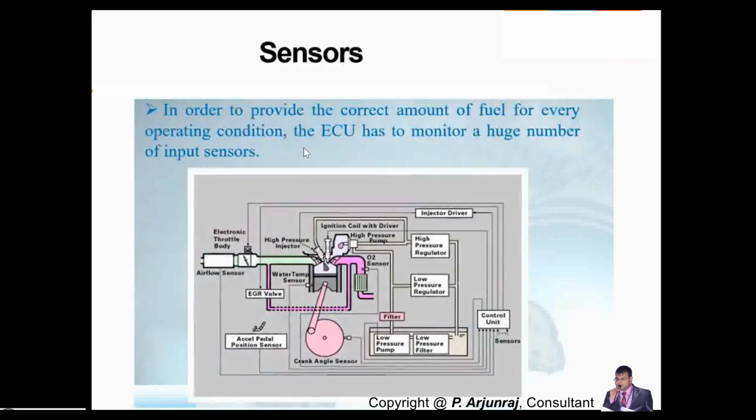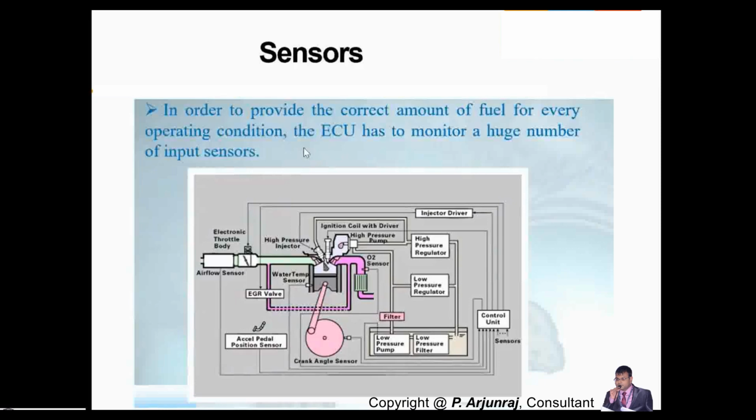When the vehicle is running on a normal road, at higher altitude, at lower altitude, and in different climatic conditions, you have different operating conditions. Even when the vehicle is running in city traffic and when it is running on the highway, the operating condition will vary, the temperature will vary, and accordingly you need to adjust.